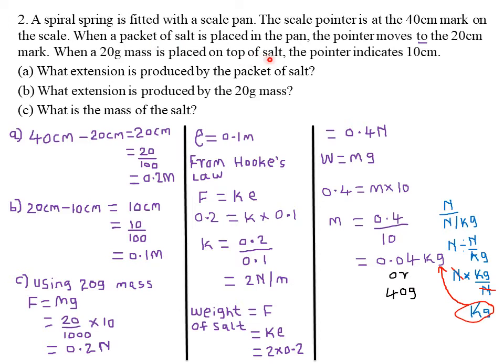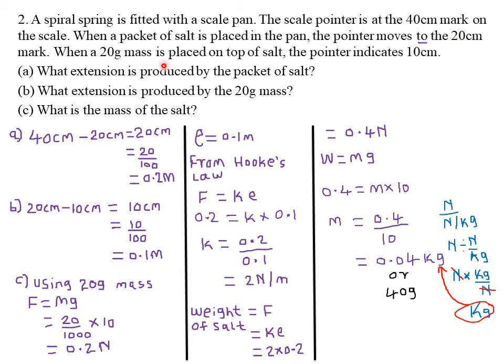So before we added the salt, our initial reading of the spring is actually 20 centimeter. That is when the spring is fitted with the scale together with a packet of salt. So the scale reading of the pan plus the salt is 20 centimeter.